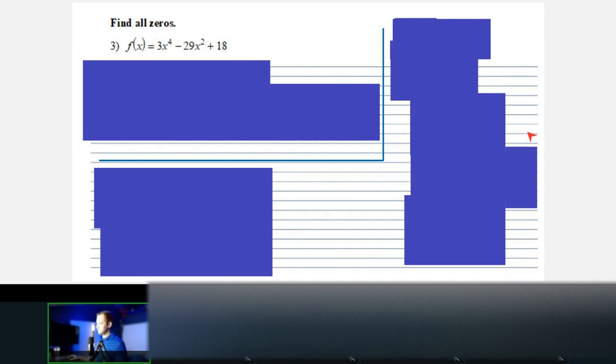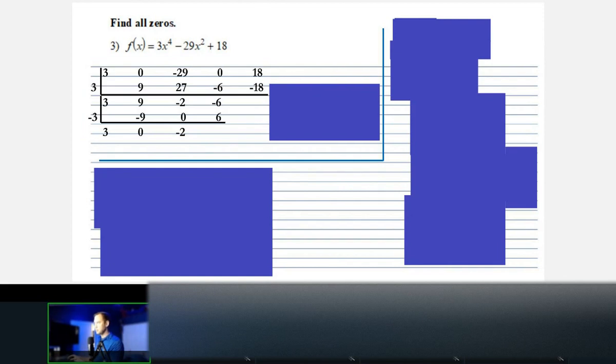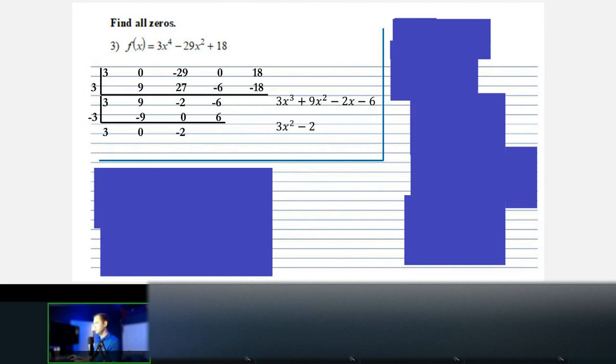All right, what did everyone get for their first two zeros? Plus or minus 3? I think we're all in agreement. So I'm just going to show you. Everyone should have had that, right? Everyone should have reduced it. We got down to 3x squared minus 2.